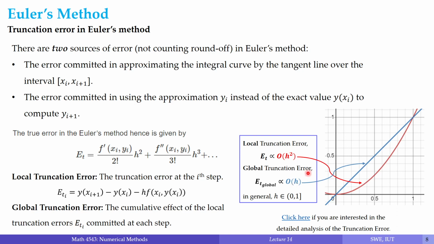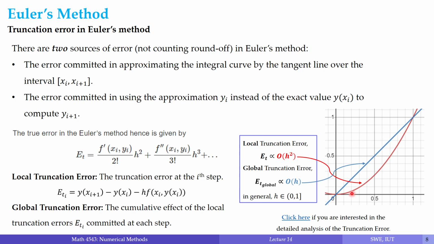What happens is that in general, the step size we use is an infinitesimally small value, generally between 0 and 1. And within the bounds 0 and 1, the curve of h squared is below the curve of h, right? The square of a decimal value less than 1 and greater than 0 is smaller than itself.